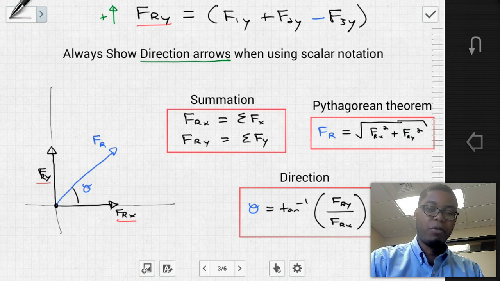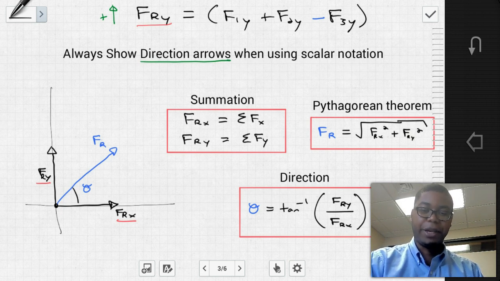And then if we want to find the orientation of the resultant force relative to the x-axis, we can use a little bit of trig, and we'll find that the angle theta is equal to the tan inverse of the force resultant y component divided by force resultant x component. These are just some useful equations that you'll need to use from time to time to solve problems of force vectors.